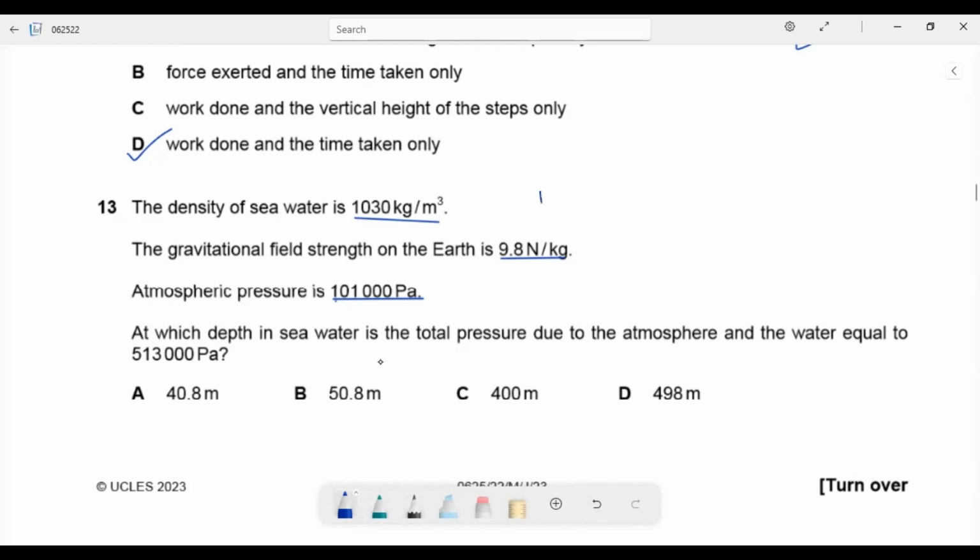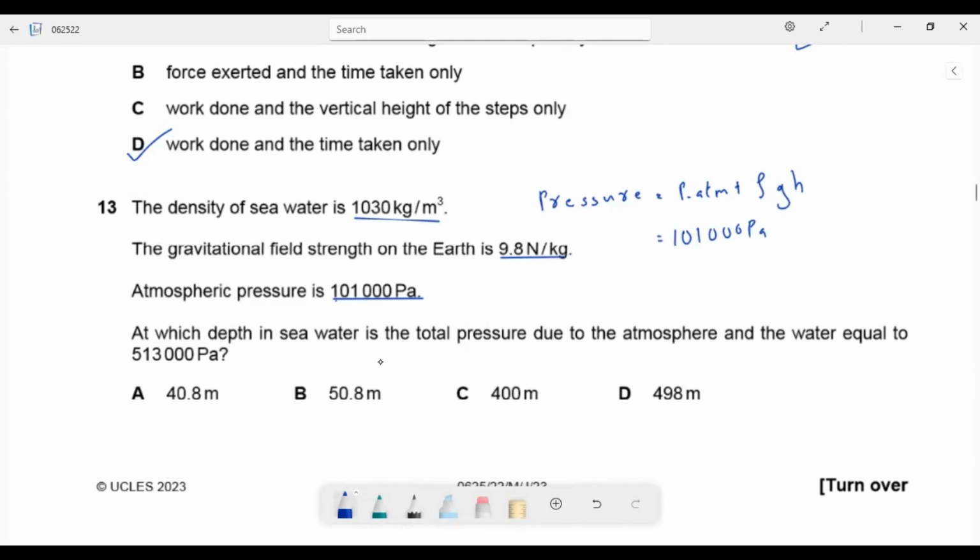So here pressure can be written by the hydrostatic pressure equation. Pressure can be written as pressure of atmosphere plus rho g h, density, gravity and height. The pressure of atmosphere is given as 100,000 Pascal.